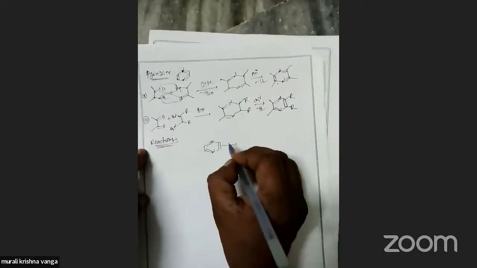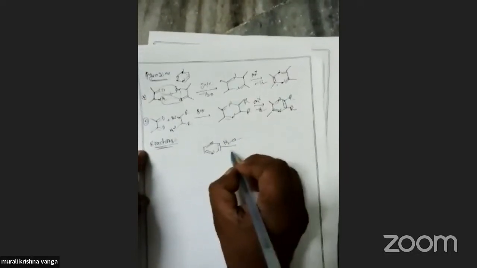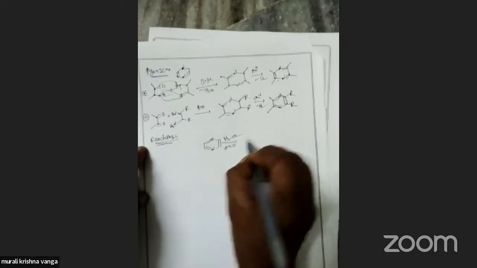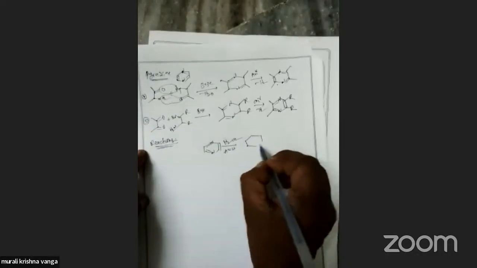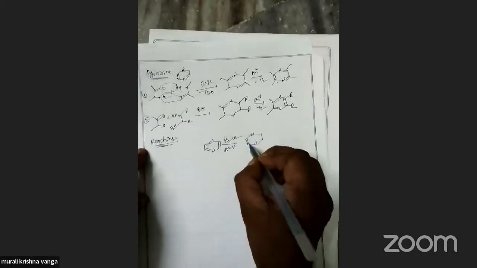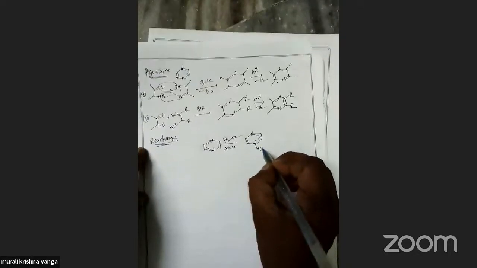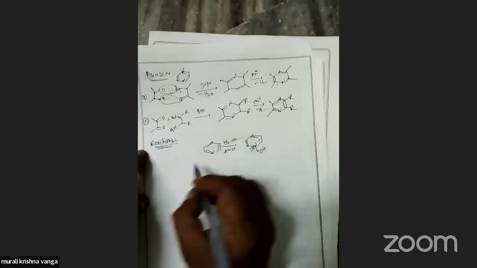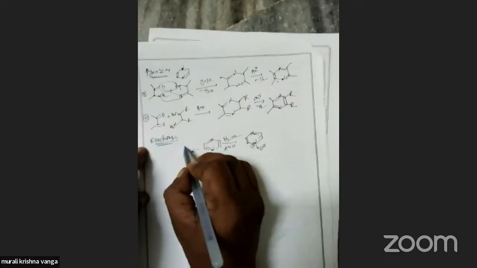Pyrazine reacting with hydrogen peroxide in presence of acetic acid, one of the nitrogens undergoes oxidation and formation takes place.